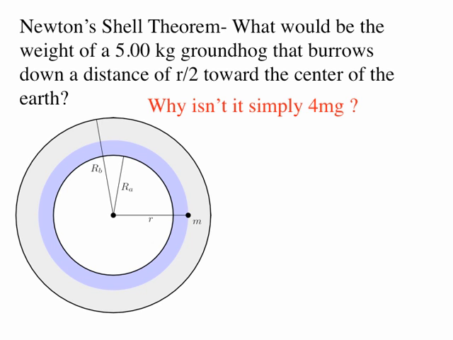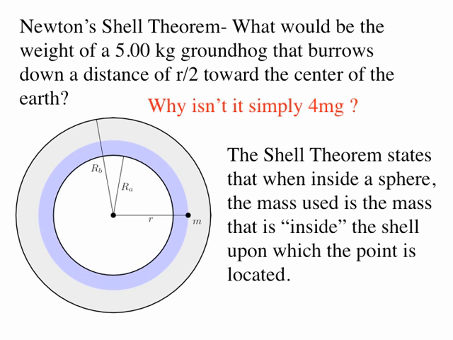Well, Newton theorized that when an object travels closer to the center of a planet, the mass that the object is attracted to is the mass that is, quote-unquote, inside the shell.